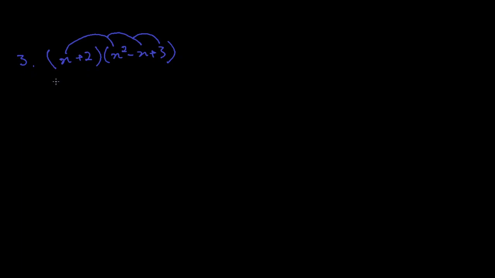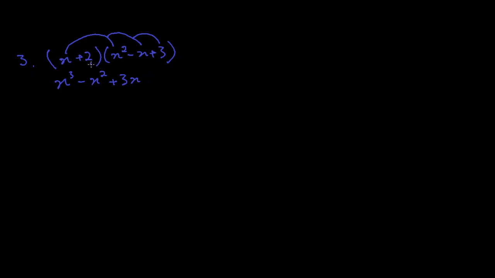So we're gonna have x cubed. Since it's x multiplied by x squared, it's gonna bring us to x cubed. Then x multiplied by the negative x there, it's gonna give us minus x squared. Then this x, you multiply it by the 3, it's gonna give us positive 3x.